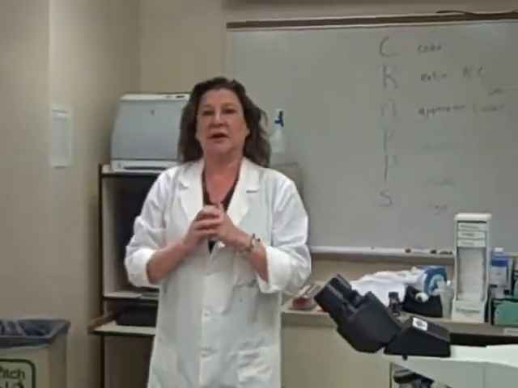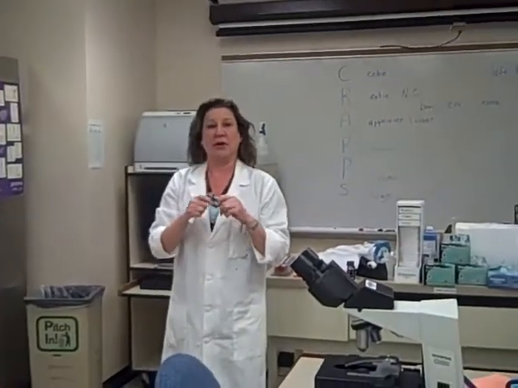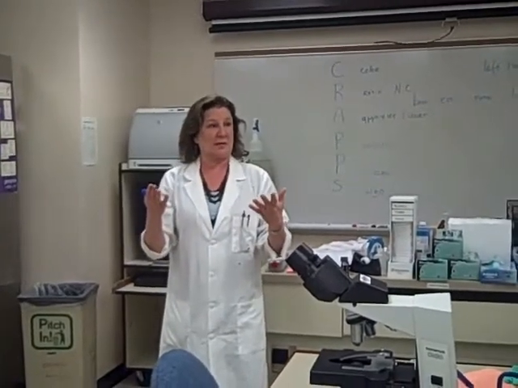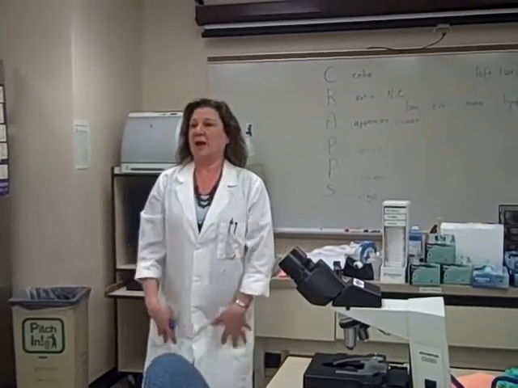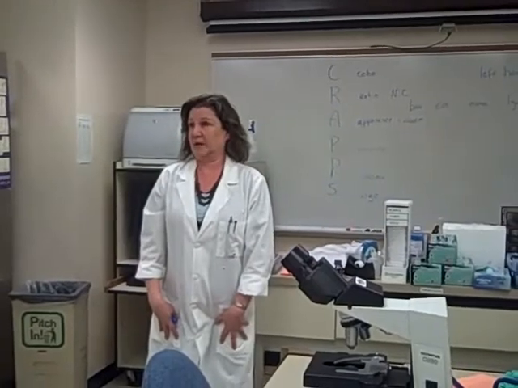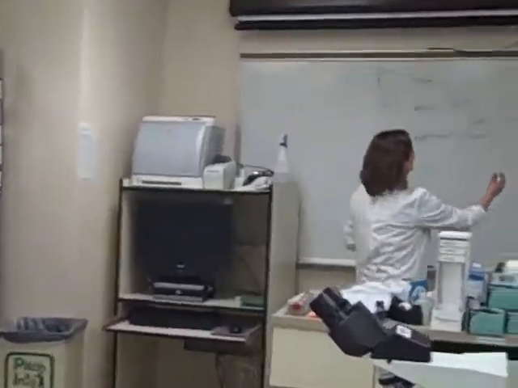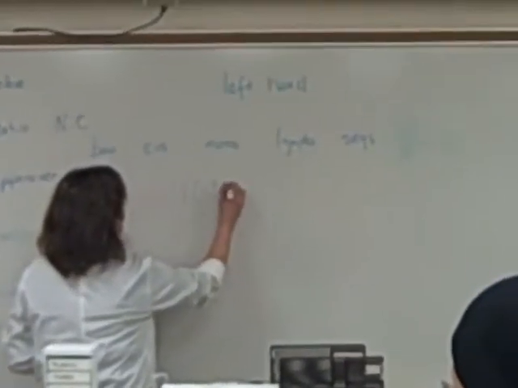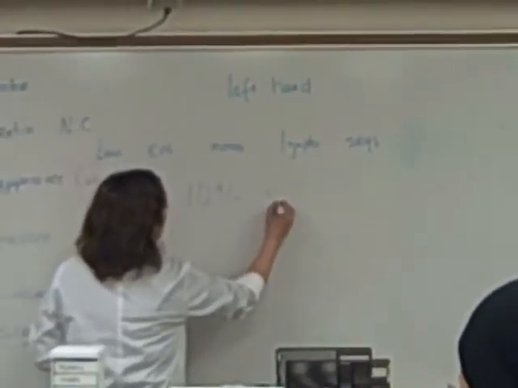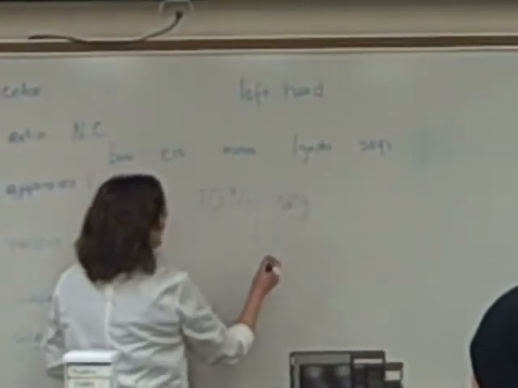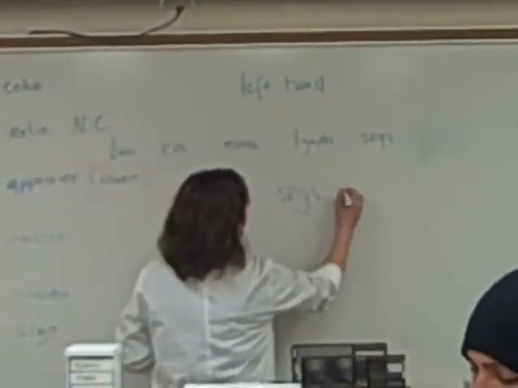When you're done, raise your hand, and Joe or I will come around and make sure that you're calling them correctly. I have the automated diff, and we want to be plus or minus 10 on our neutrophils, or our segs, and that's going to include bands.